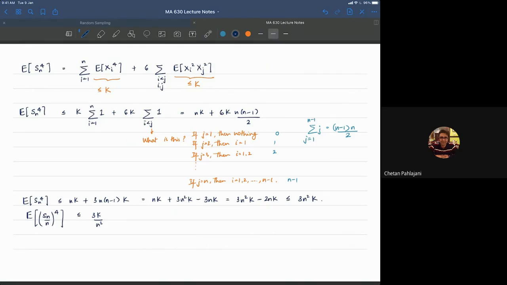Okay, so now you'll say, hence, sum n going from 1 to infinity, expectation of Sn over n to the 4 is going to be less than or equal to 3k sum n going from 1 to infinity 1 over n squared, and this is going to be finite. Okay, anyway, this is going to help us reach the appropriate conclusion, but we can do that tomorrow. Any questions?